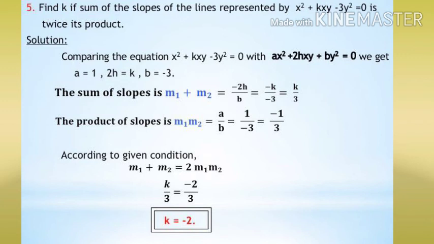We have already studied the sum of the slopes is −2h/b. So here we get −k/−3, that is k/3, and the product of the slopes is a/b, so it is equal to −1/3. So according to the given condition, sum of the slopes equals twice the product, hence we get k/3 = −2/3, hence the value of k is equal to −2.